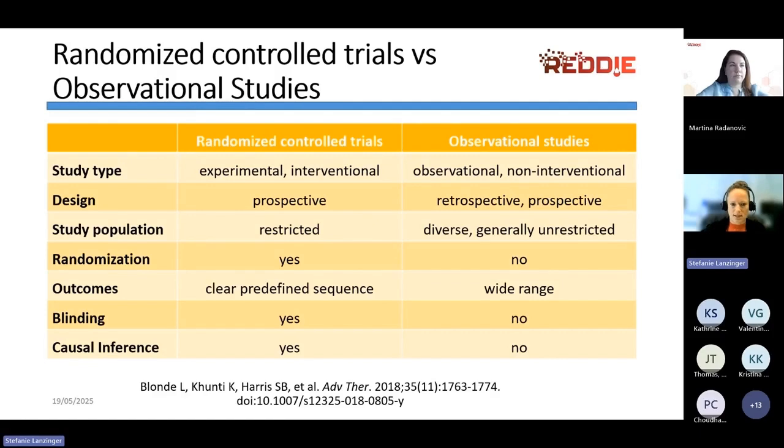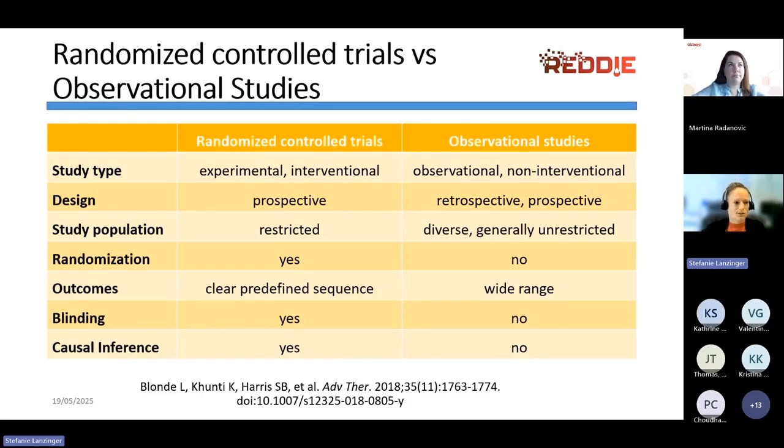Here we can see a comparison between randomized controlled trials and observational studies that can be conducted using real-world data from registries. For randomized controlled trials, the study type is of course experimental and interventional, and in observational studies, it is observational and non-interventional.